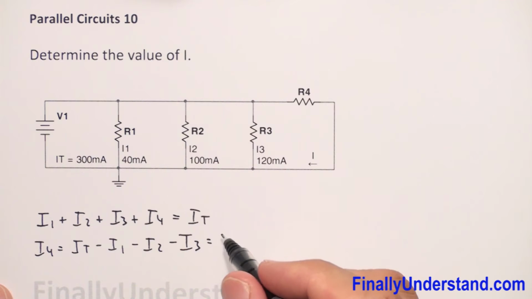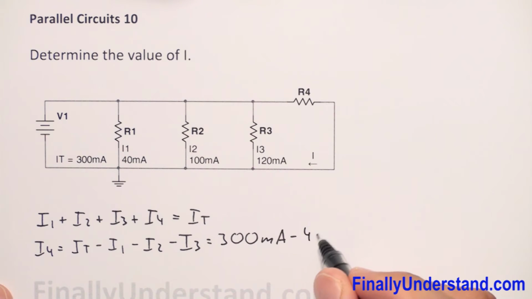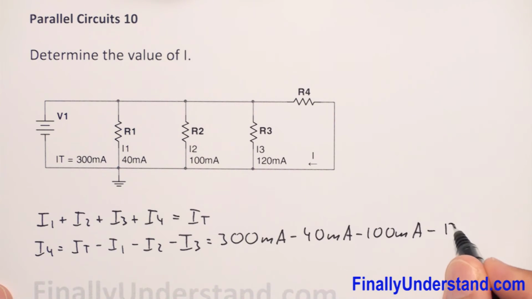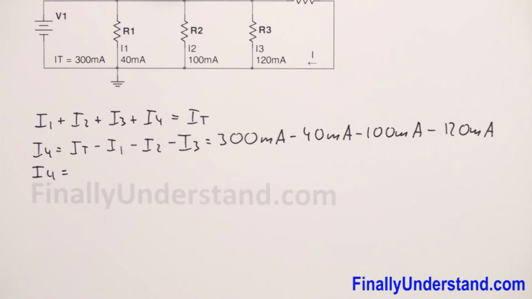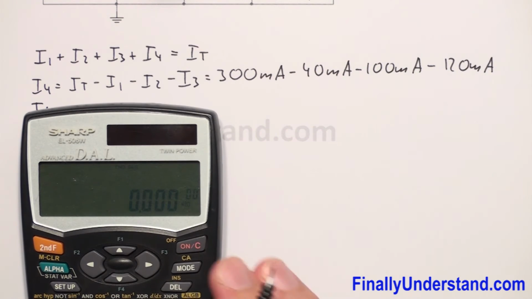So I have 300 milliamps minus 40 milliamps minus 100 milliamps minus 120 milliamps. Okay, and I'm going to write my answer over here, I4. Again, the numbers are very simple, but I'm going to use the calculator anyway, just to practice with you.